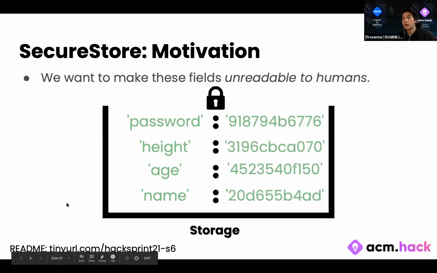So ideally, we want to make sure that these fields are unreadable to humans. So maybe we have this way to make it look like a bunch of garbage letters and numbers, which we call encrypting. And the only way to be able to know what they are is if you're authorized to know what they are, and you can decrypt it.